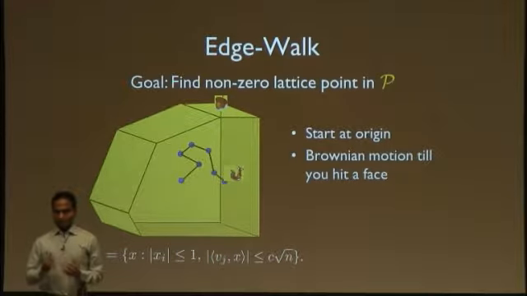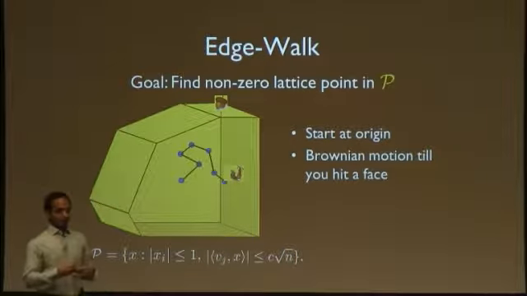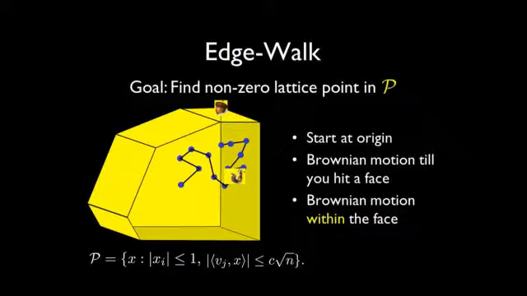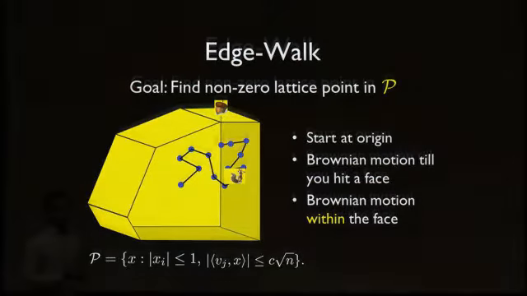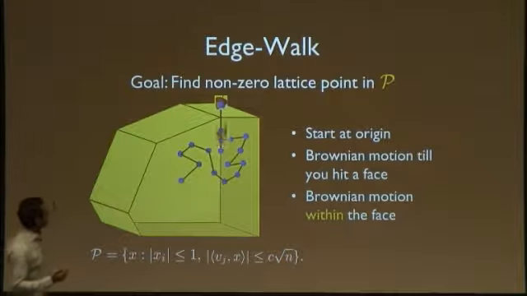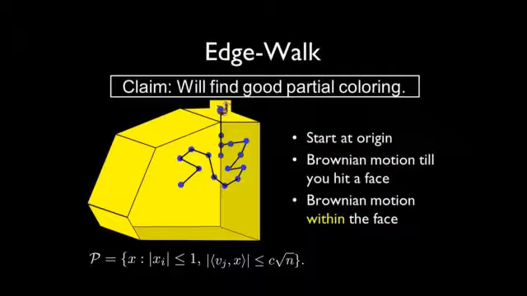So we take the greedy approach, which is to do the Brownian motion, but now constrain yourselves to lie within the boundary that you hit. So you do a random walk or Brownian motion until you hit another constraint, and then you repeat the process until, lo and behold, you hit the vertex that you wanted to get to at the beginning. So this is the full algorithm. And the claim is that this algorithm will find a good partial coloring.